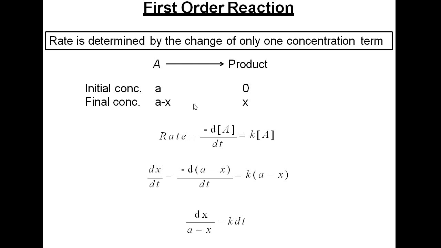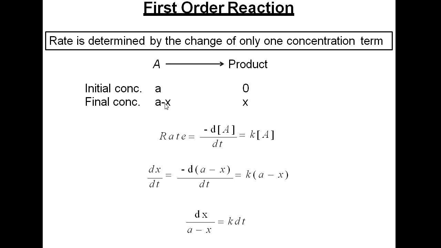Then first order reaction. First order reaction means rate of reaction depends upon one concentration term. In a similar manner, let's suppose a reaction A gives us product. When time is 0, the initial concentration of A will be a and concentration of product will be 0.